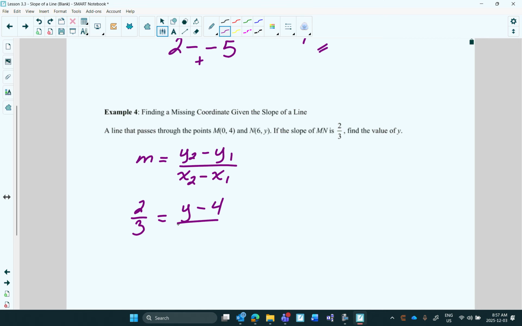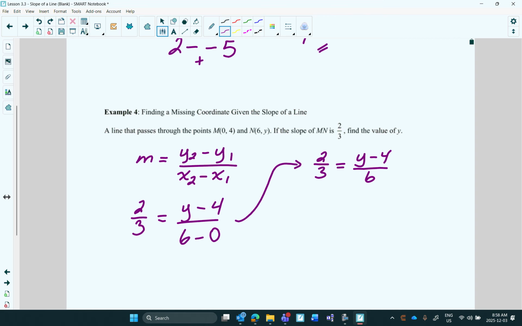Over the second x, which is 6, minus the first x, which is 0. So we've got ourselves an equation. Well, I can make life a little simpler. What's an easier way to say 6 minus 0? Just plain old 6. Okay.